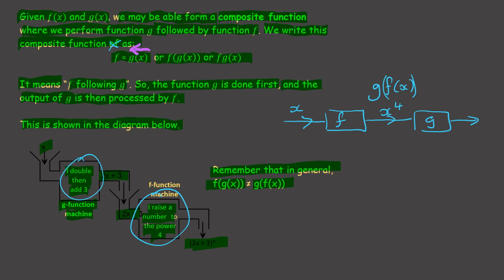I double then add 3. What would come out is 2x to the 4 plus 3, which is different to (2x plus 3) to the 4. Sometimes we're going to find that you can do f of g, but you can't do g of f. So as we work through this, there's a lot of things to bear in mind.